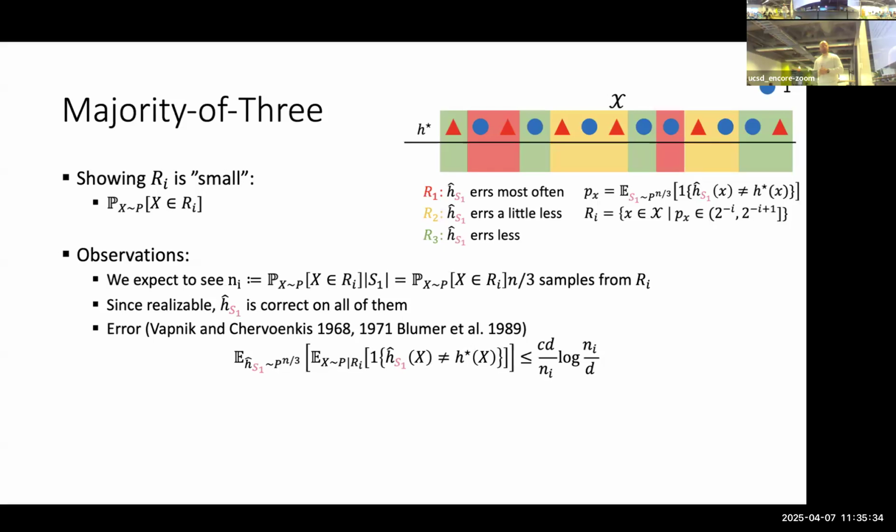Which also means that this ERM that I'm training here is correct on all of this and some more. That's enough to conclude that under the conditional distribution of a point from Ri, its error is small. It is as if it had ni data points from this distribution. It doesn't matter that it sees more data, because it will perfectly classify all of it. So this algorithm's expected error on a data point drawn conditioned on coming from this region Ri is basically this ERM bound, d over ni log ni over d.